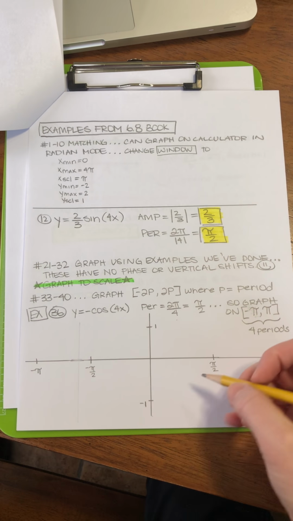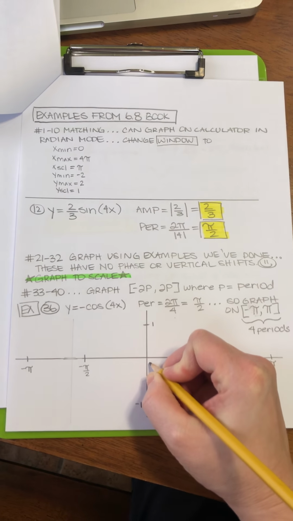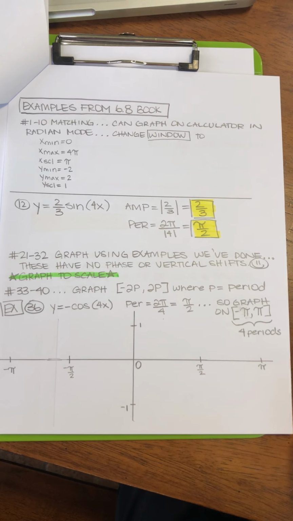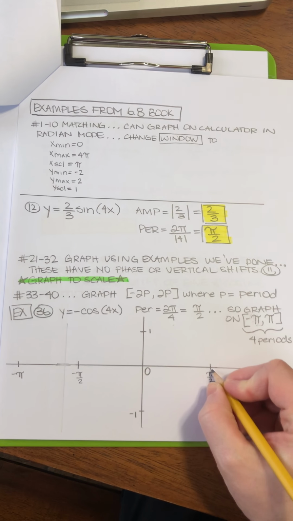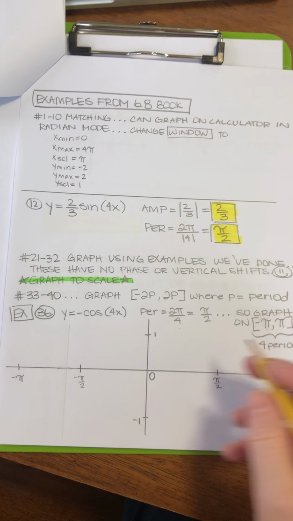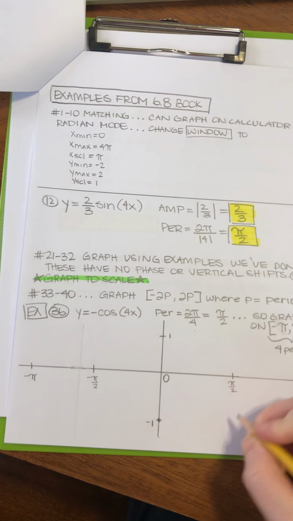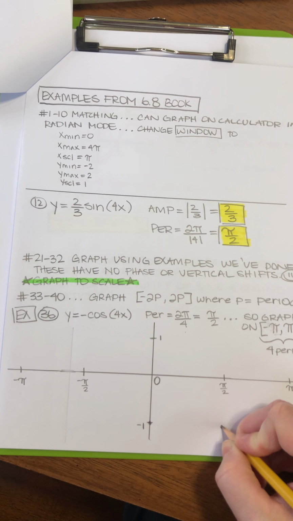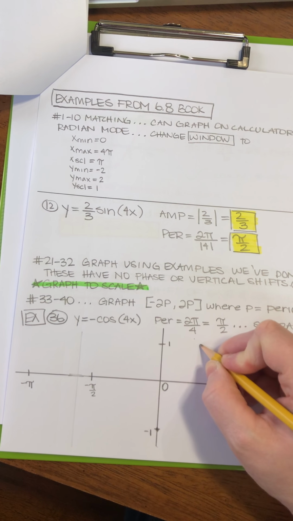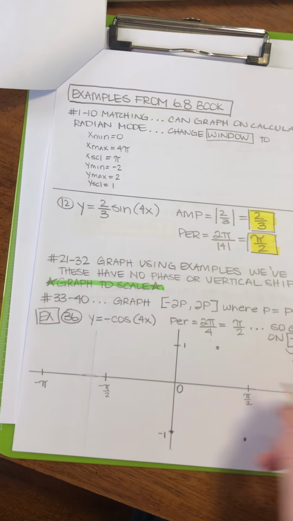So the first period is going to start at 0 because there is no phase shift. It's going to end at pi over 2 because that's the length of the period. It's going to start at its minimum and end at its minimum. Halfway in between will be at its maximum, and that's because, again, it gets reflected over the x-axis.